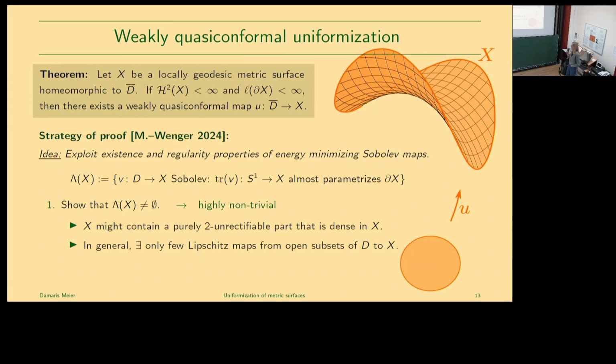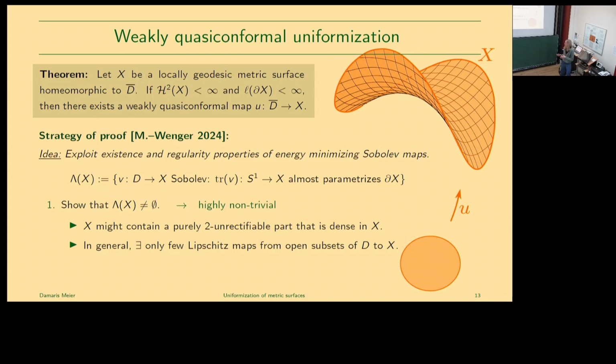And maybe I have to mention this is fairly non-trivial. It could happen that our metric surface X contains a countably 2-rectifiable set that is dense in X. So we all went to the talk of David Bate last week, and we know that this implies that we barely have any Lipschitz mappings from open subsets of the disk into X. So this could happen, and in a very vague sense, Sobolev mappings are not too far from being Lipschitz.